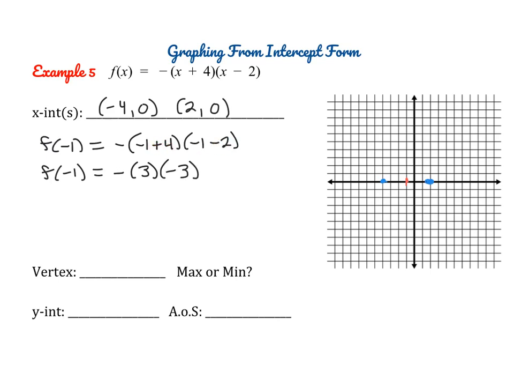Remember to always simplify inside your parentheses first. And then this gives us positive 9. So our vertex is negative 1, 9, which we could plot right here.